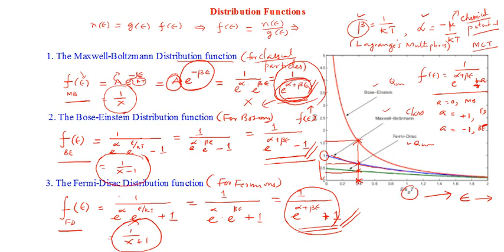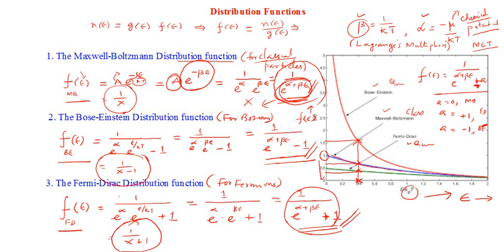That is why the functions have this type of nature. A similar graph is given in your textbook, Arthur Beiser, for the comparison of distribution functions. Try to understand the graph. The values need not be memorized. At least the nature of the variation, and the feature that they merge at high energies, should be kept in your mind.